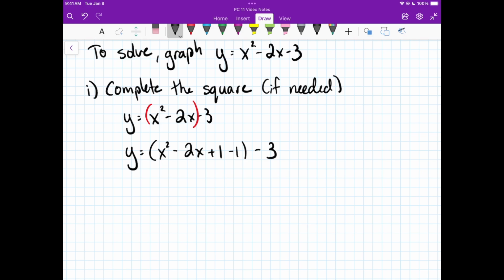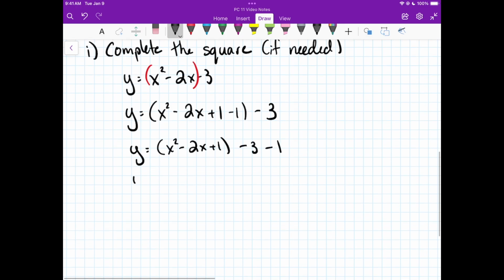We're going to move that negative 1 out of the brackets, so we get y equals x squared minus 2x plus 1 minus 3 minus 1. And then lastly, we're going to simplify the stuff on the outside, and we're going to factor that set of brackets, which is going to get us x minus 1 squared minus 4. So there we go. It's in vertex form. It's great. So that was step 1.